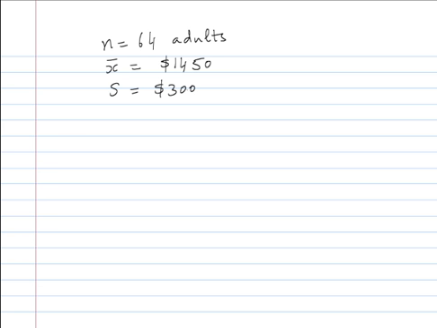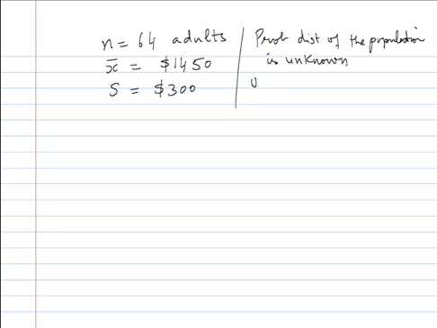Now here we are not told what the distribution or probability distribution of the population is, whether it's normal or not. So the probability distribution of the population is unknown. Also, sigma is unknown.